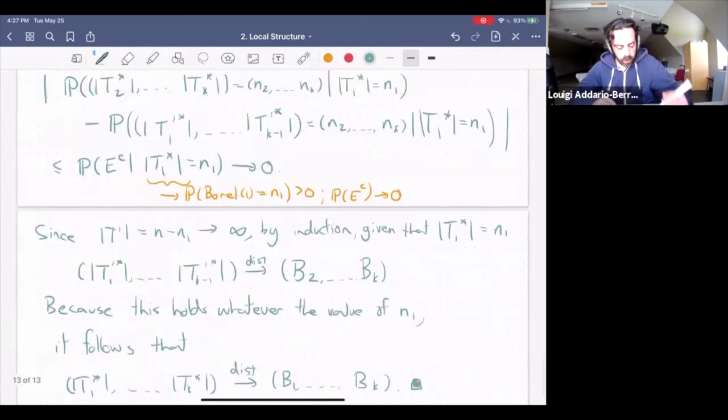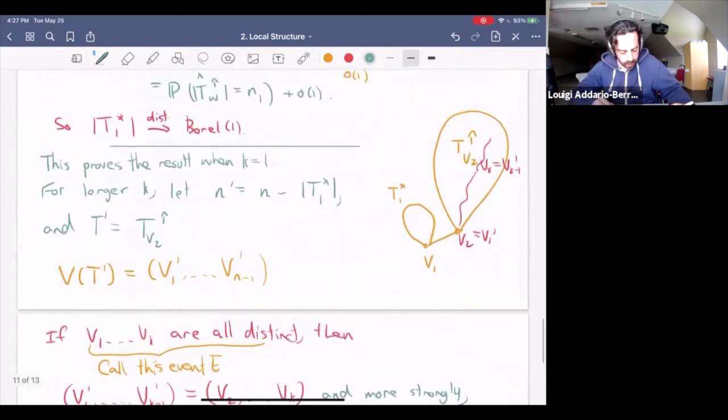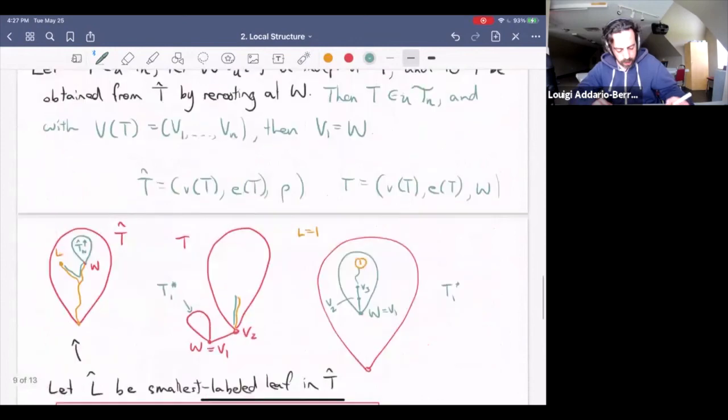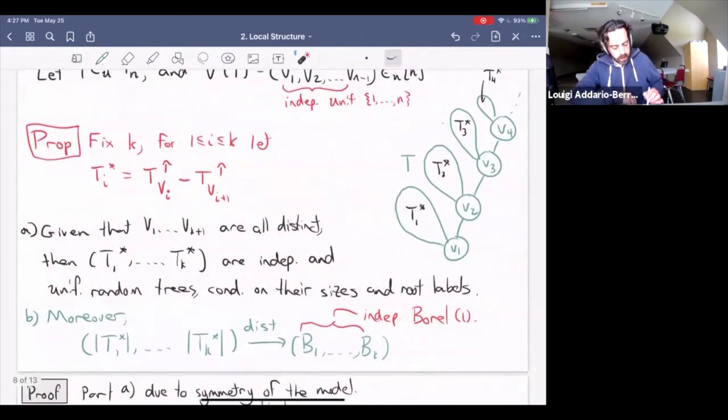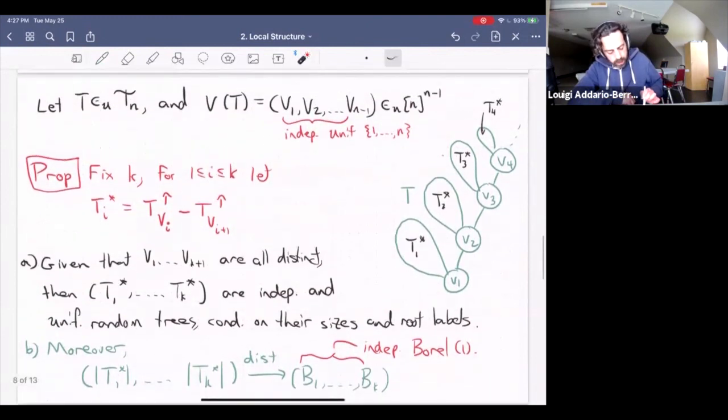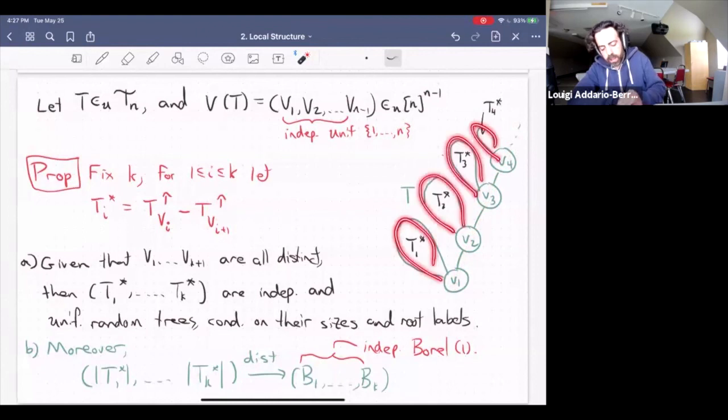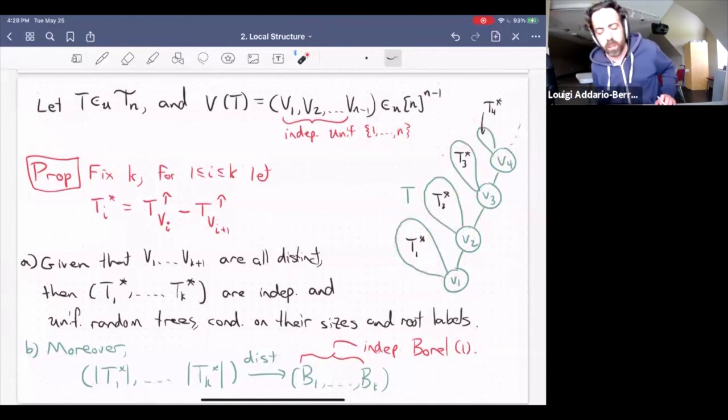So what does that establish? We said that if we look at the structure of subtrees near the root of a random tree, we decompose that by thinking about this branch heading toward the smallest labeled leaf, and then off of that branch, what we see asymptotically are independent uniform trees whose sizes are independent Borels.